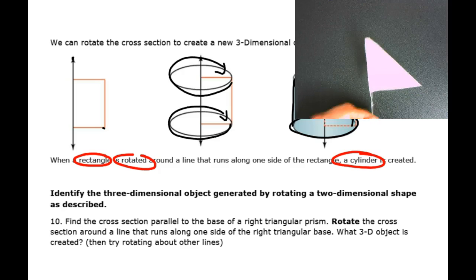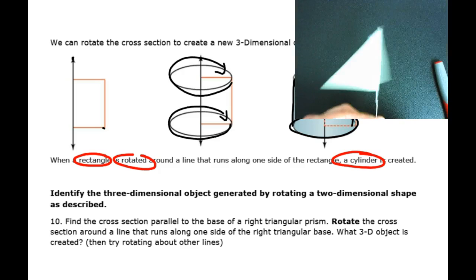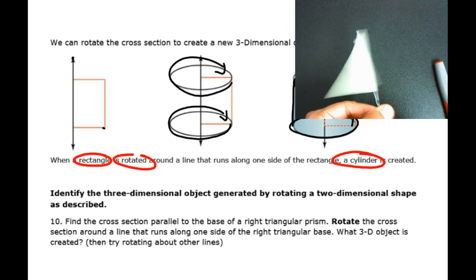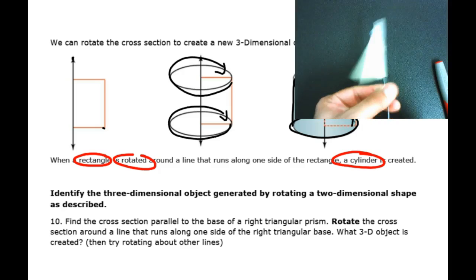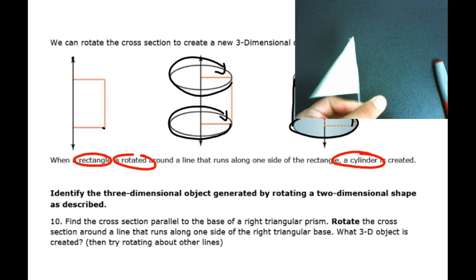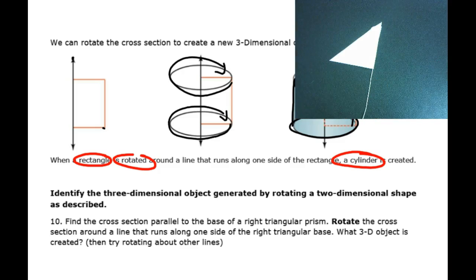triangle? Okay? So let's take this triangle, start rotating it real fast. The bottom creates a circle and the top is still pointy. What do you call it when the bottom is a circle and the top is pointy? A cone. Okay? So let's write that in here in this little space right here. What about a triangle?